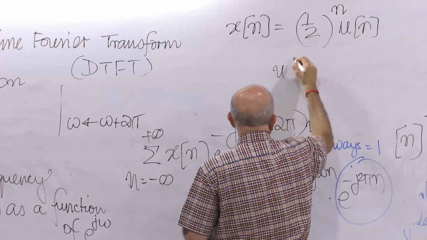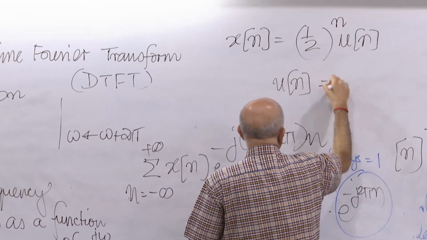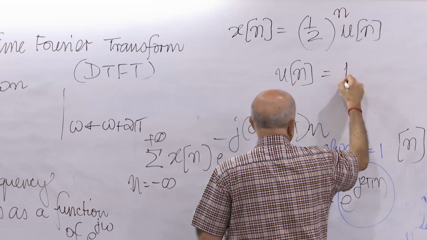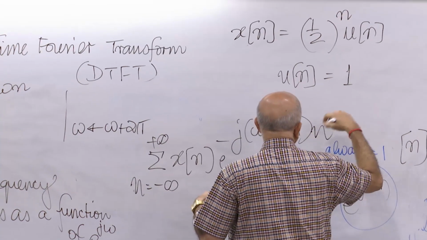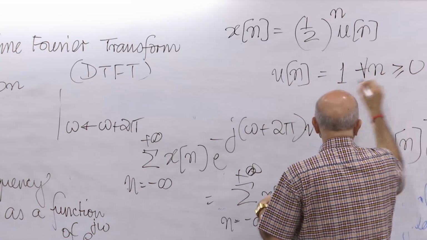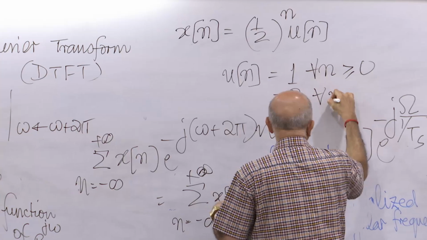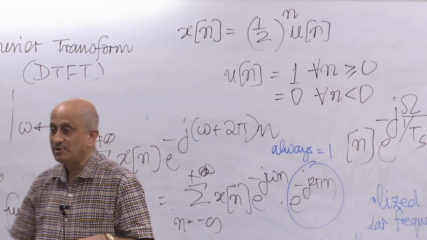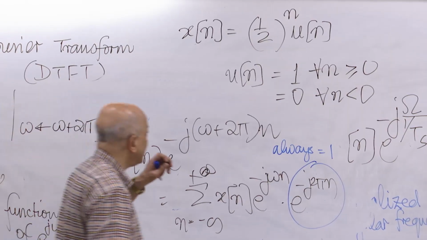So, u[n] is the unit step sequence, not unit function, unit step signal. u[n] is equal to 1 for all n greater than or equal to 0 and 0 for all n less than 0. Let us find out the discrete time Fourier transform of this sequence.